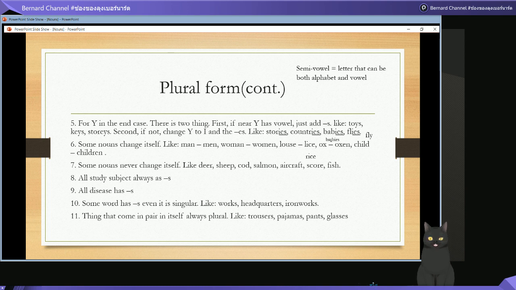Okay, and number 10, some words have s even in the singular. Okay, this is maybe just an exceptional case, you may not notice that, but anyway, it's not a popular word that you always use. Okay, here we are. Like works, yes, sometimes it adds s, but if you mean it plainly, work is just an action, and adding s doesn't mean there can be more than one action.